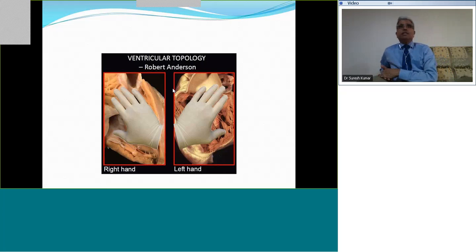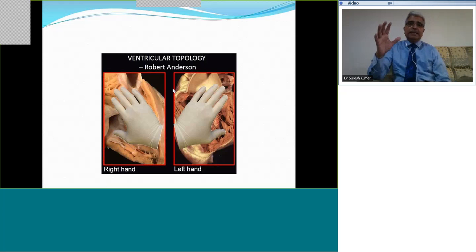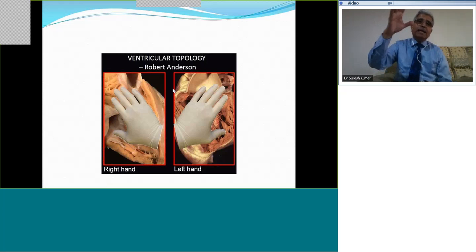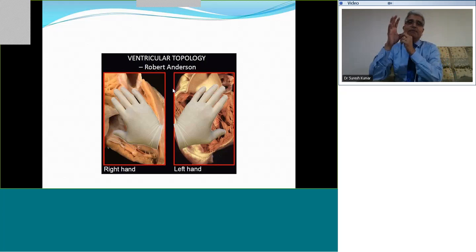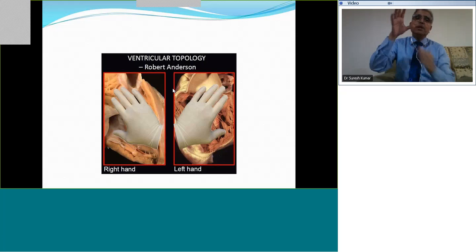And if you remember the ventricular topology that we discussed in the initial morphology classes, Anderson's concept, if you keep your gloved right hand, in the normal D ventricular loop, your right hand, if you hold like this, your thumb will go into the inflow, into the tricuspid valve, and your fingers will go into the outflow.